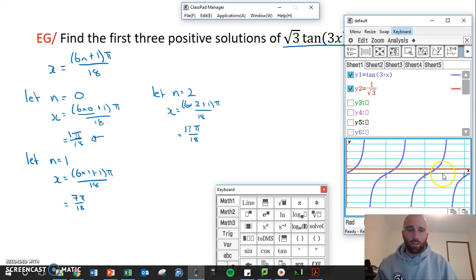That whole width of the window is 3.14, or pi, and all those 3 values sit in there. That first value right there is pi over 18, so it's 1/18 of that whole direction. This next one is 7 pi over 18, so it's just below halfway. And the last one is 13 pi over 18. Those are the solutions that we've found.